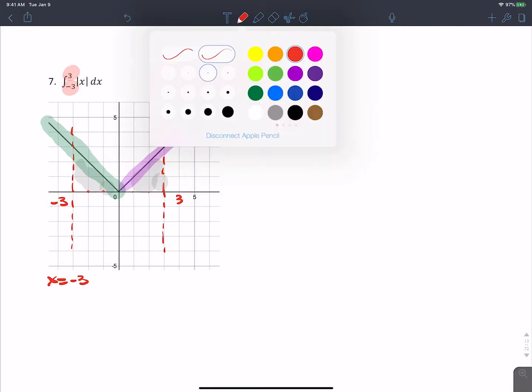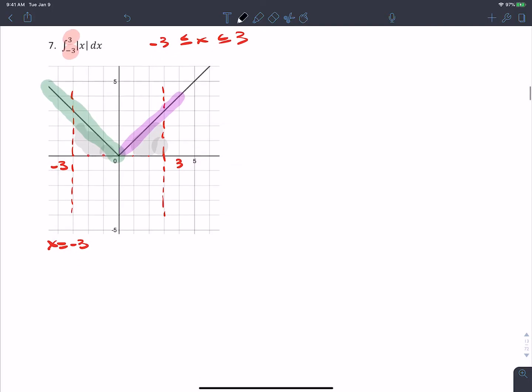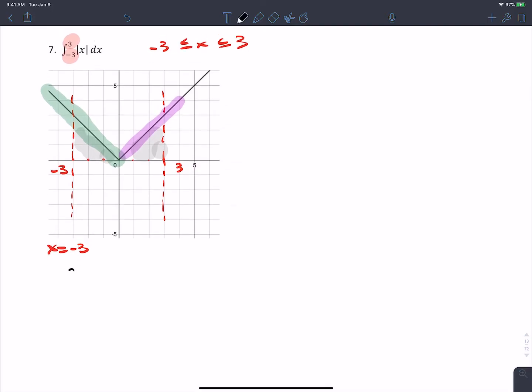So we can write this as two integrals again. We can integrate from -3 to 0, -x dx, plus 0 to 3, +x dx. I get my two integrals like I did before.